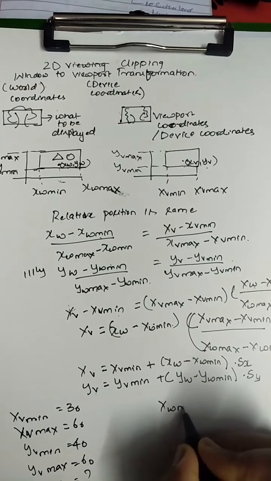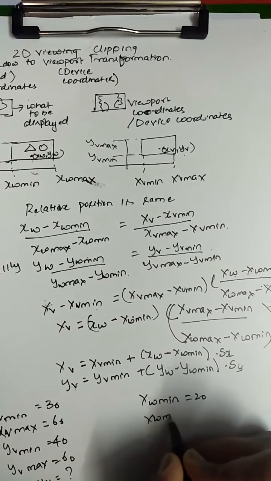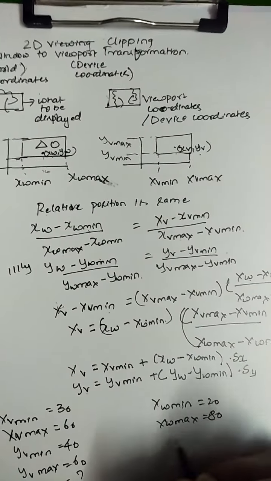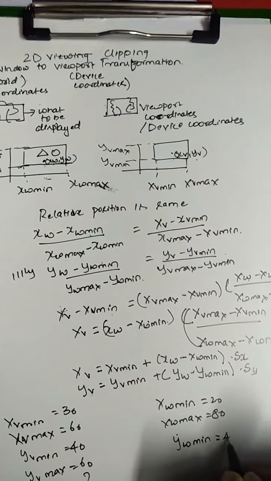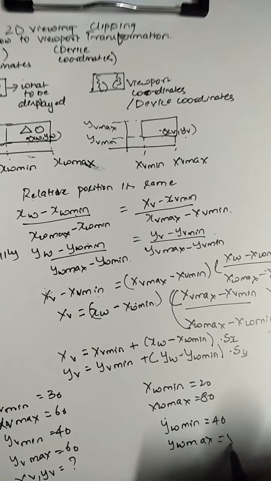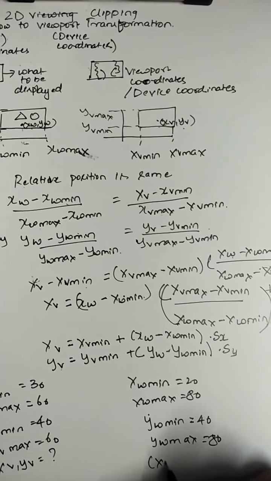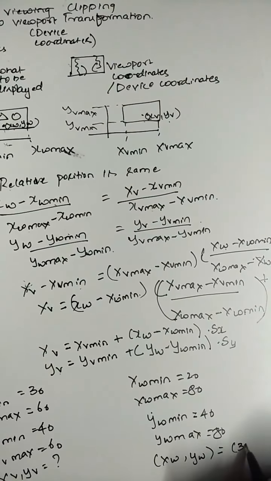With respect to world coordinates, XW min is 20, XW max is 80, YW min is 40, YW max is 80, where my XW and YW are 30 and 50.